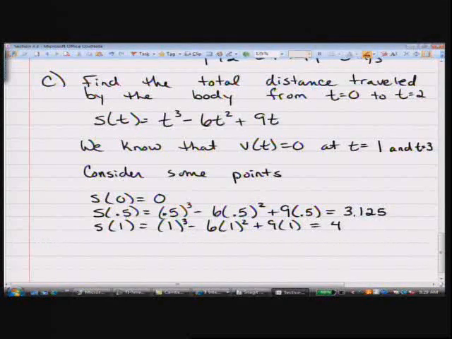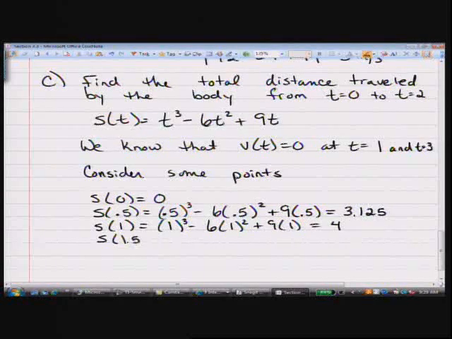Now you're at 4. Does that sound right? 1 minus 6 is negative 5, plus 9 is 4. Okay, so that seems good. It seems like you're just moving along from 0 to 3.125 to 4 on the meter stick, no problem.